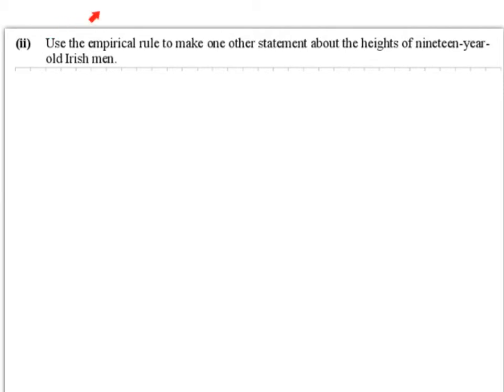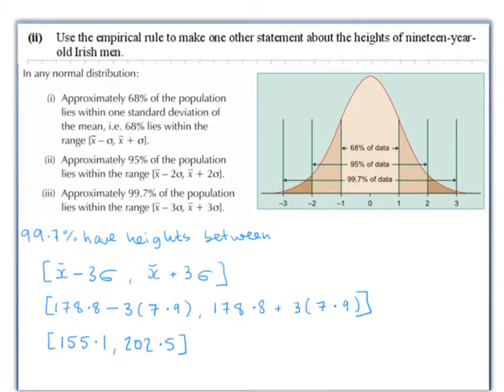Part 2. Use the empirical rule to make one other statement about the heights of 19-year-old Irish men. So this is our normal distribution curve. It's a bell-shaped curve. And the numbers at the bottom, minus 3, minus 2, minus 1, 0, 1, 2, 3, all represent standard deviations.